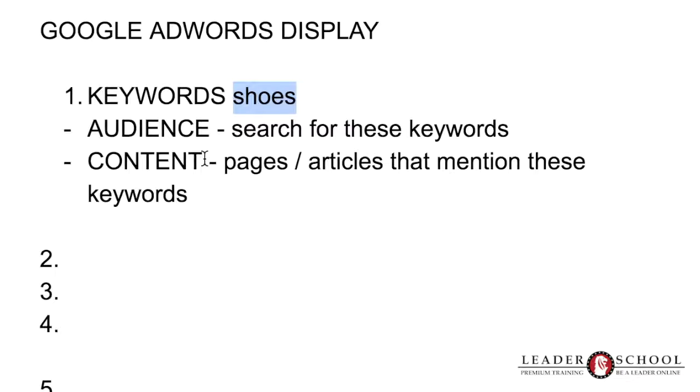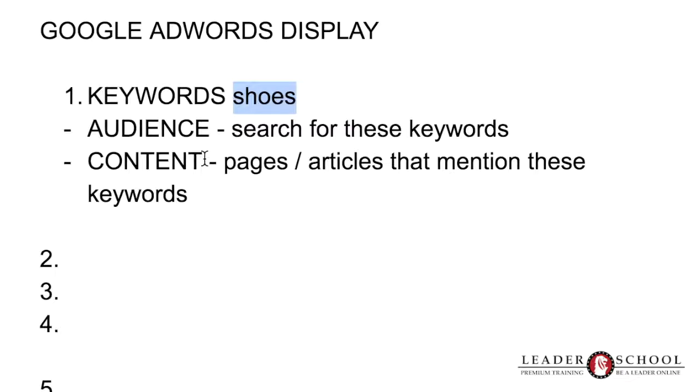There is a second option on keywords, which is content. That means that you can target people based on what they read. So Google will put your banner, your image ad, inside articles that mention shoes. Maybe it's a good strategic move to put your banner in these articles if the article talks about shoes, but maybe the article talks about dog shoes, and you don't want your men's shoes banner to appear in an article based on dog shoes.